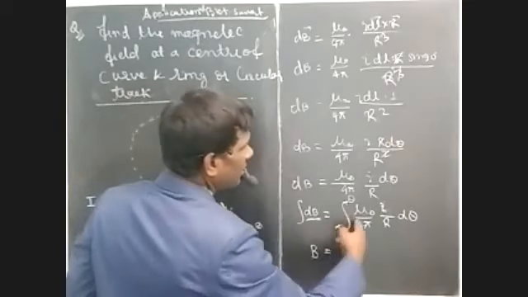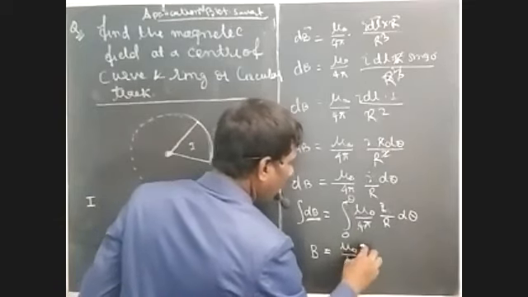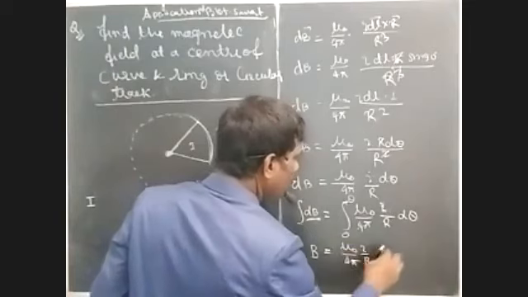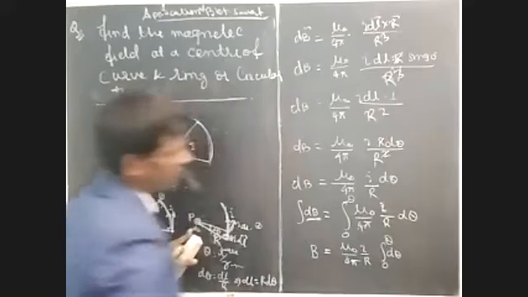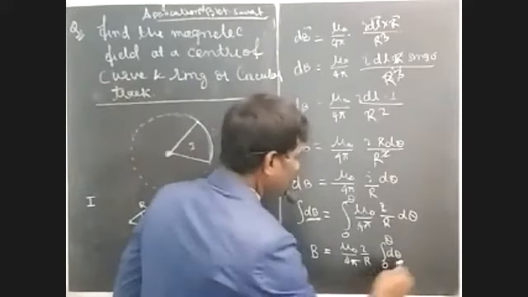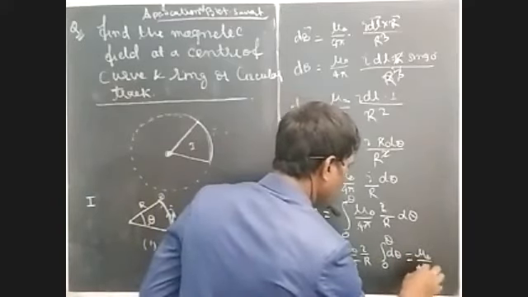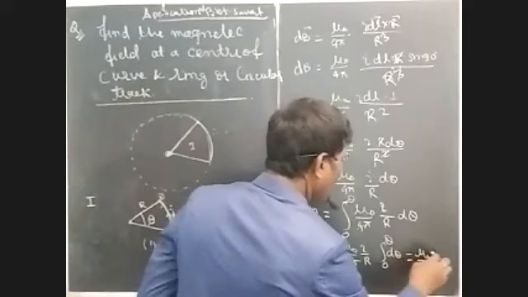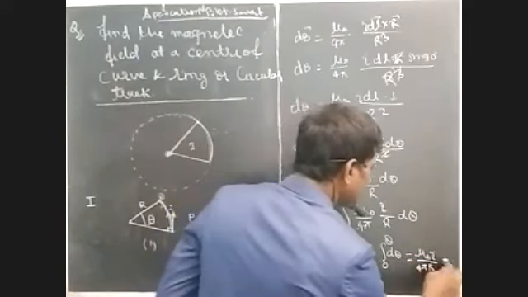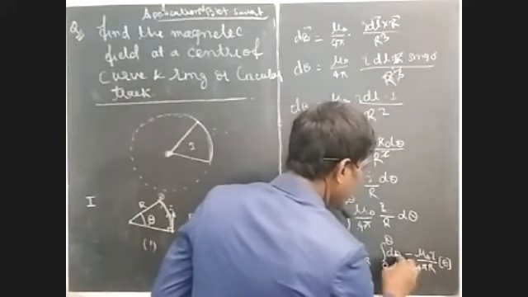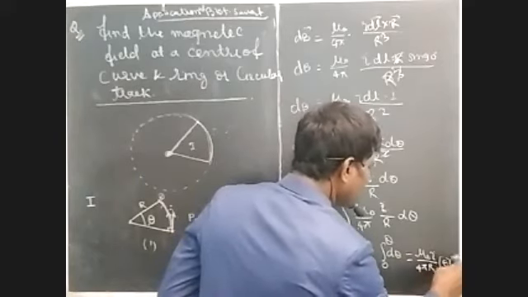Okay. And then the constant term mu naught upon 4 pi, and then I upon R came out, and this is the d theta from 0 up to theta. Then we write mu naught upon 4 pi R, I, and this is the theta. So theta is here, like a total theta, with lower limit 0 and upper limit theta.